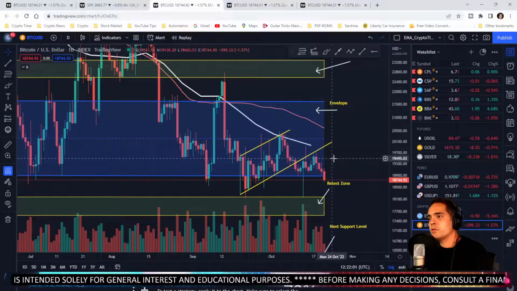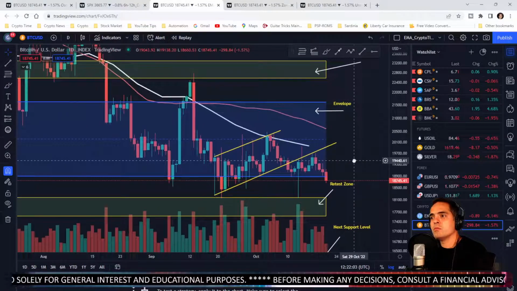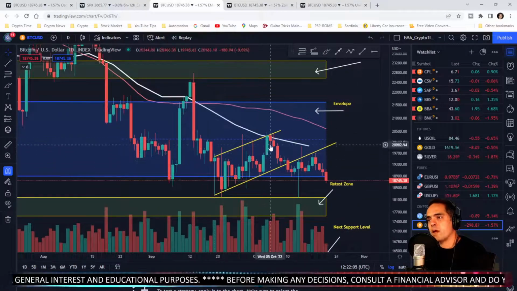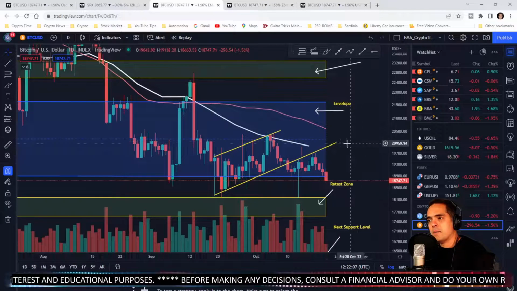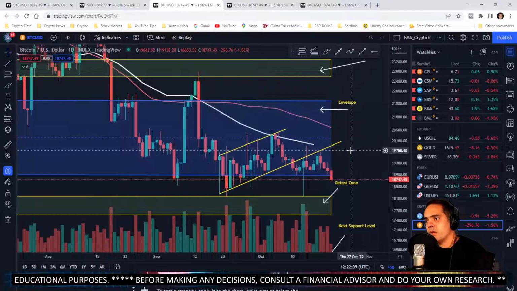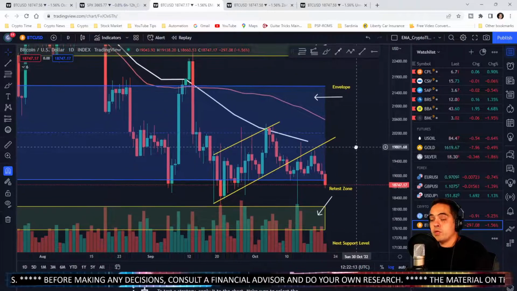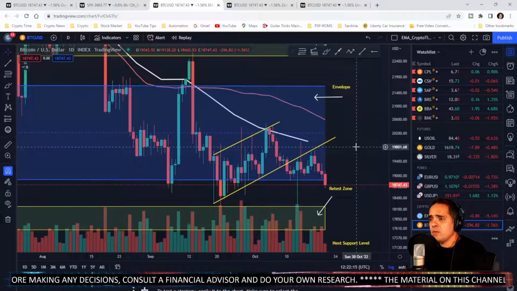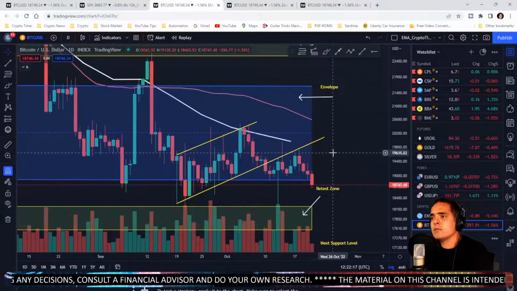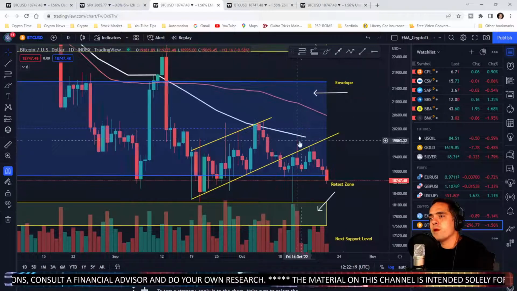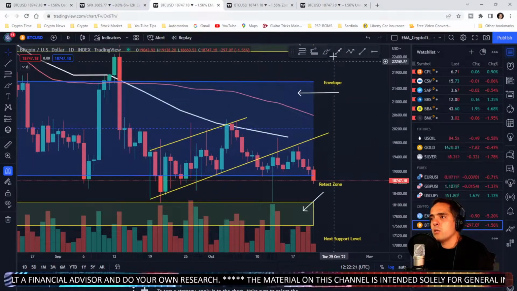So we saw here many times price tries to break through the EMA 8 weeks, which acts as a resistance and doesn't actually break through.